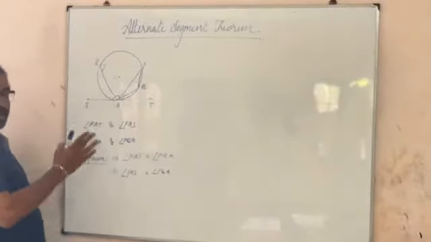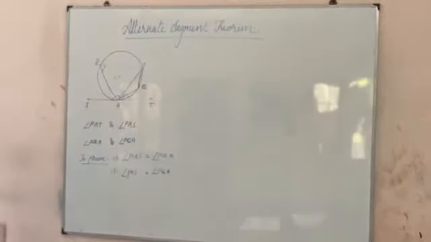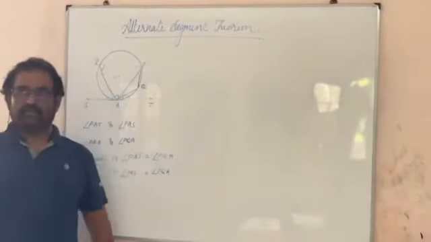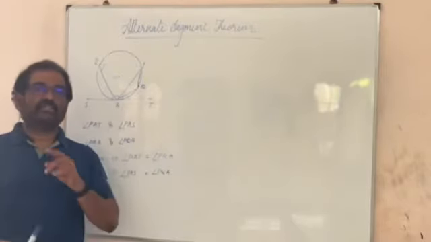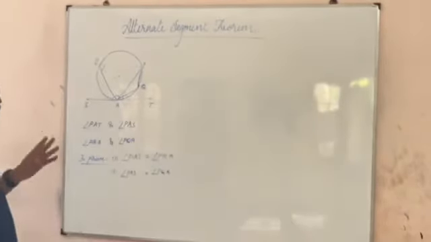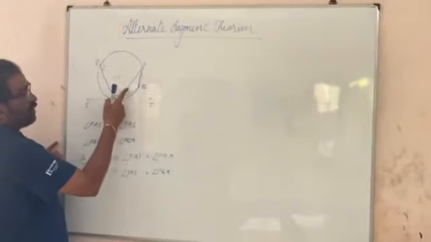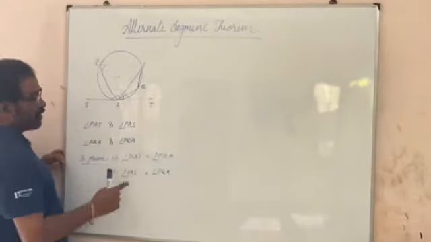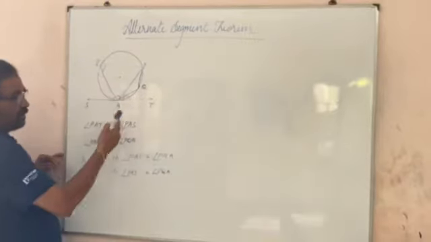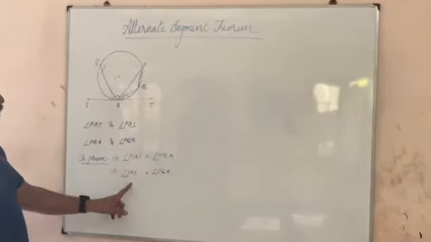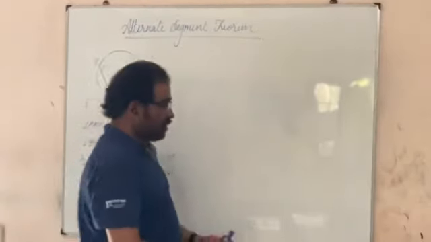All these four angles are subtended by the same chord: the chord with the tangent, two angles, and the chord in the alternate segments, two angles. We are going to prove that the angles between the chord and tangent are respectively equal to the angles in the corresponding alternate segments. PAT is equal to PRA, PAS is equal to PQA.